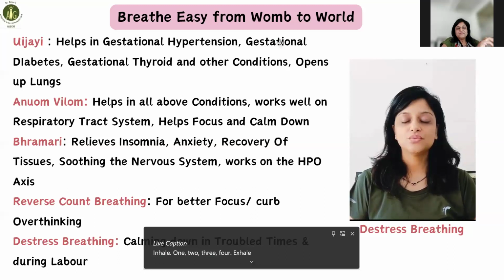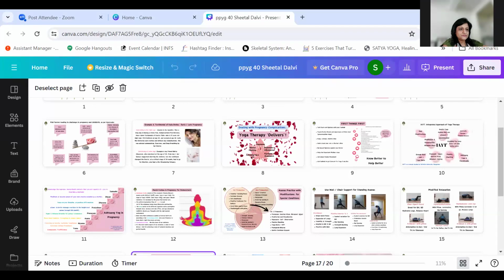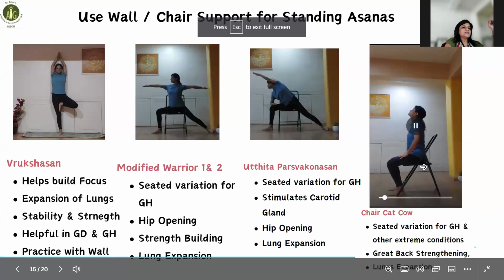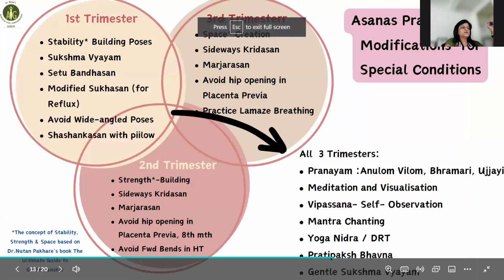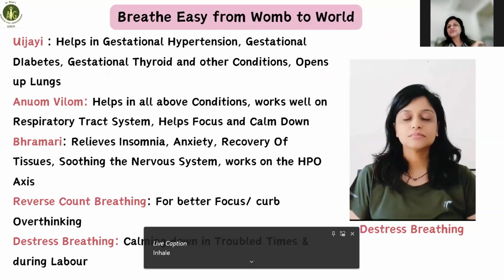And again, breathing techniques, breathe easy from womb to world. This is a de-stress breathing that I've shown. And the other various pranayams that we can practice, like reverse count breathing.